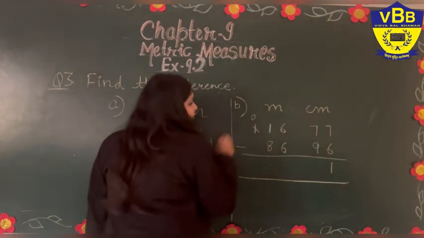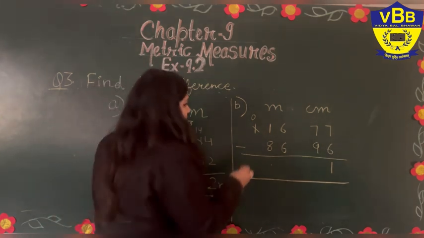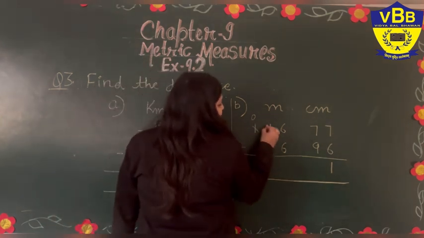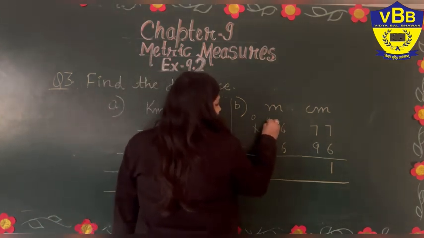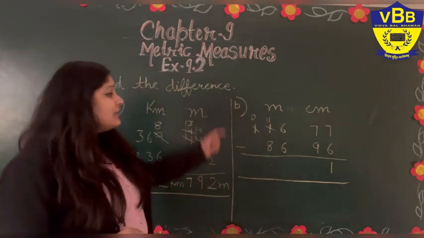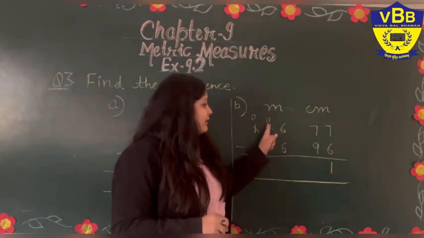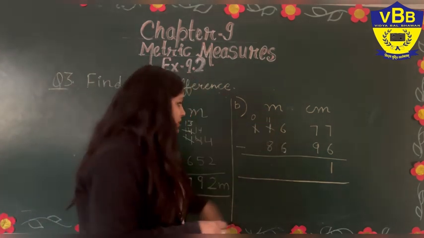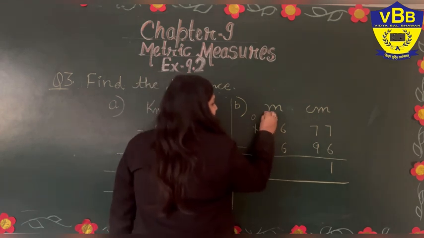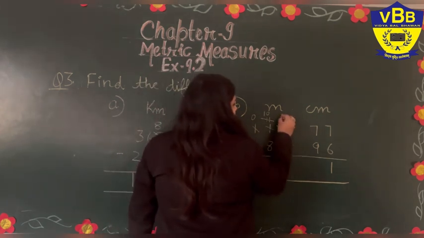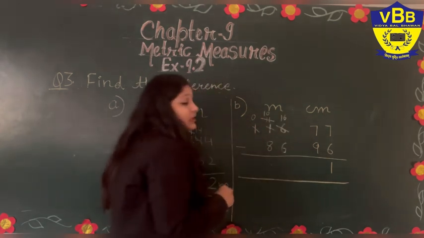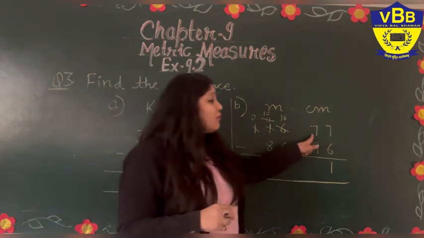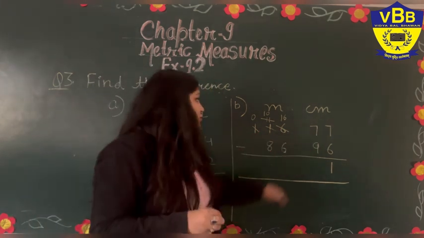So here we will be having 0, right? It will give 1 to this digit. It will be 11. Now we know that we have to give 1 to this digit also, next digit. So here 10 will be left. Here 16. Now 7 also wants 1 for subtraction.